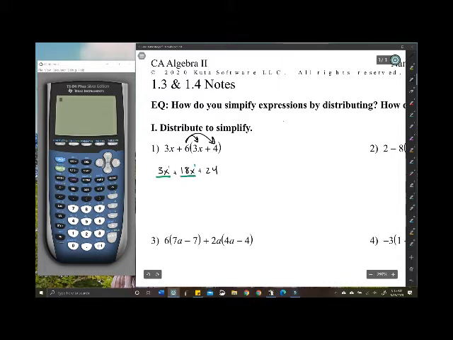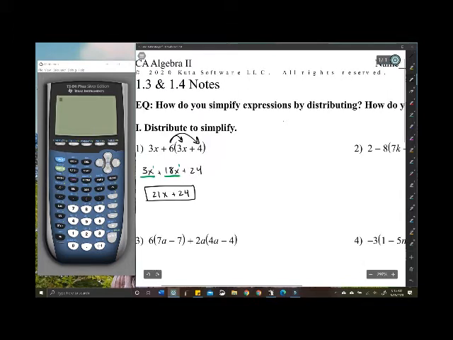So we combine those. 18 plus 3 is 21x, and then plus 24. Like terms have the same variables and the same exponents. All right? Distribute, simplified, done for number 1.